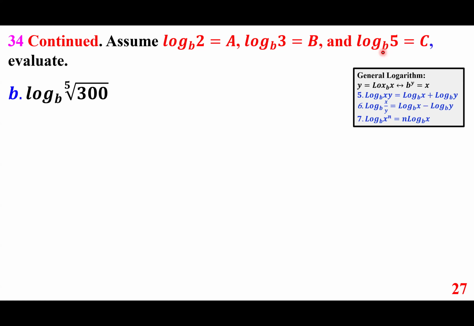Number one, this is 300 to the power of 1/5. Number two, we can use the power rule. Look at the power rule. We bring 1/5 in front. Power rule, number 7.